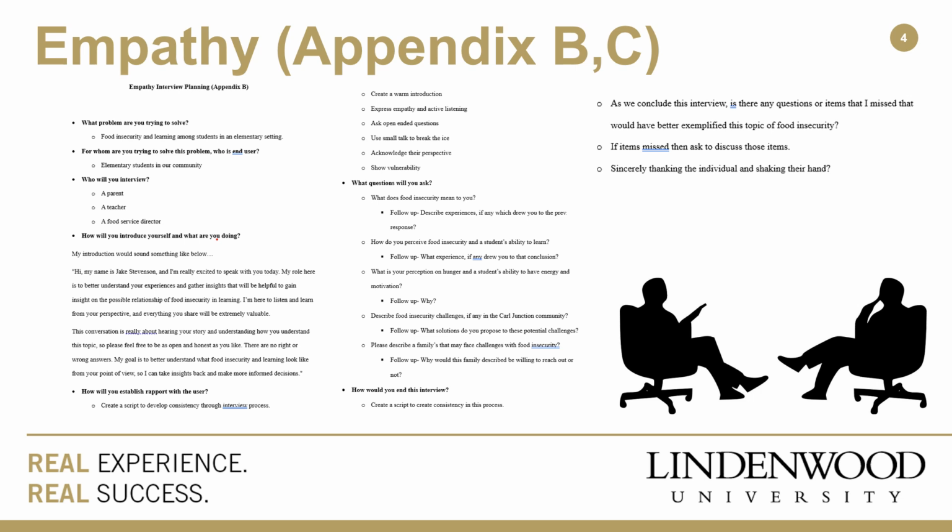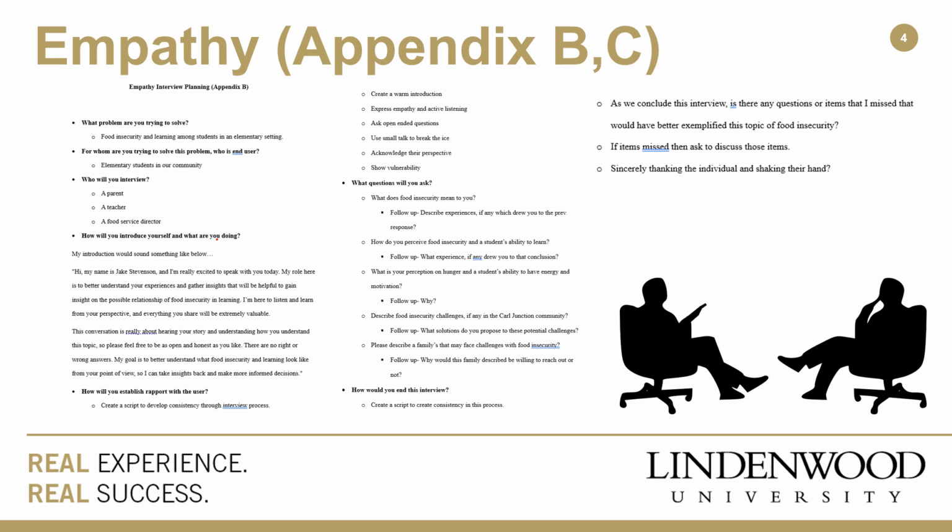The following questions were used for all the interviews in the report portion. What does food insecurity mean to you? Follow-up: Describe experiences, if any, that drew you to the previous response. Question 2. How do you perceive food insecurity and a student's ability to learn? Follow-up: What experience, if any, drew you to that conclusion?